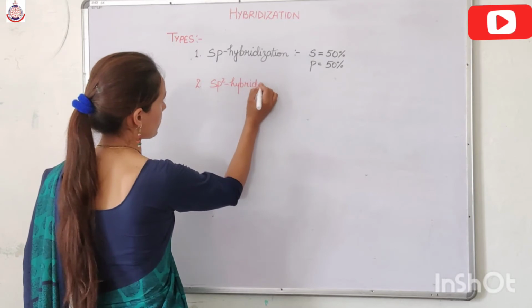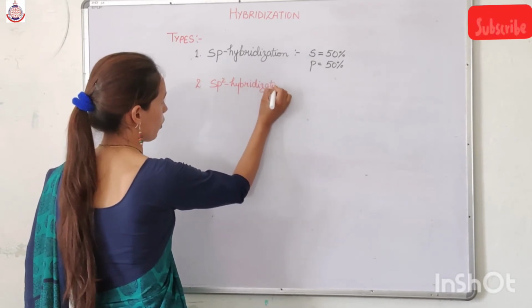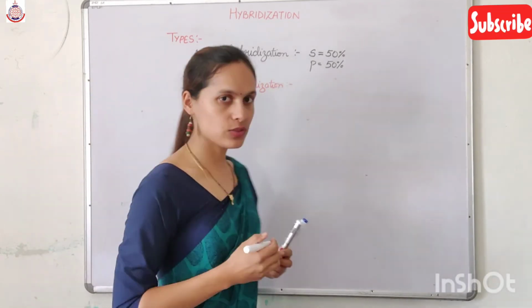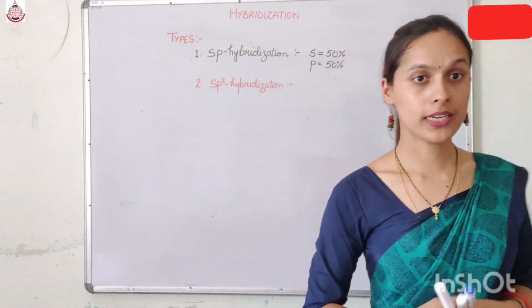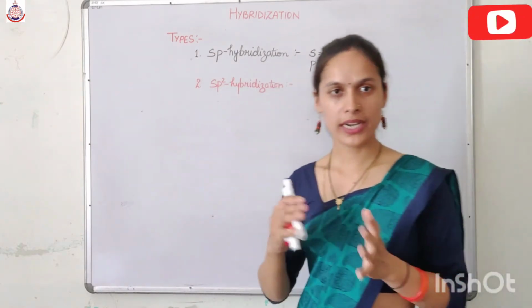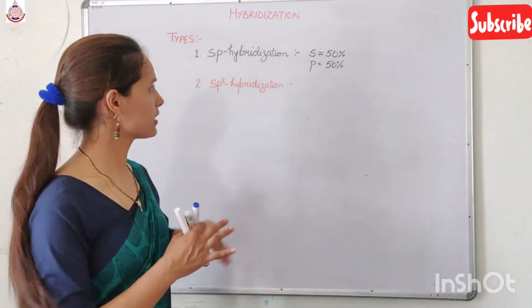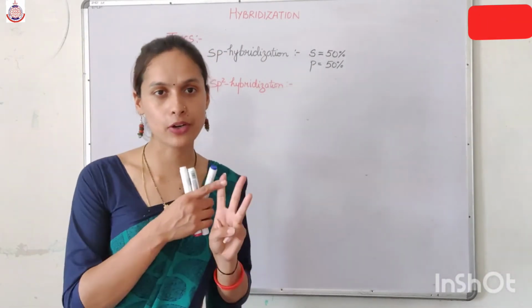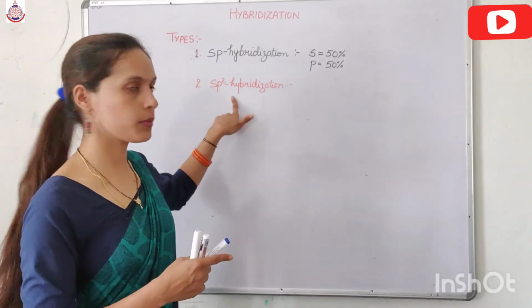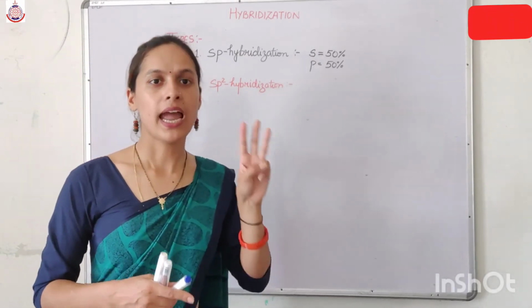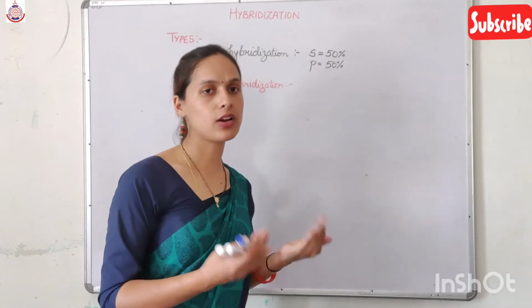Now, sp2 hybridization means one s orbital is mixed with two p orbitals, and this results in the formation of three hybrid orbitals. The number of atomic orbitals is 3, 1 s and 2 p, and the resulting hybrid orbitals are also 3.